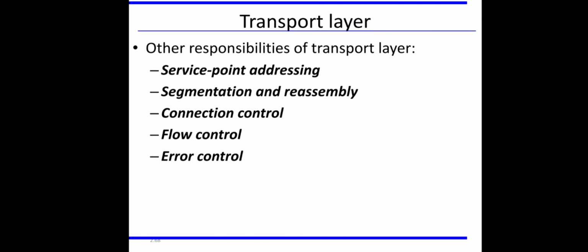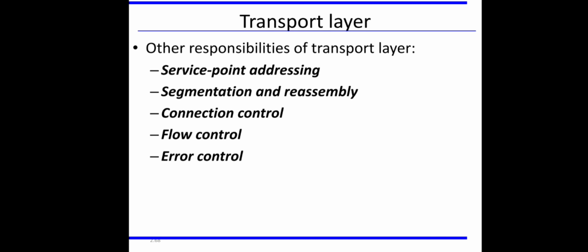For example, if the sender is very fast and the receiver is slow, the sender may overwhelm the receiver, and the data may be lost. Such cases will be handled by the flow control mechanism. Examples of flow control mechanisms are sliding window protocols. As you know, the data link layer is responsible for hop-to-hop flow control, but the end-to-end flow control, from the sender host to the destination host, will be done by the transport layer.